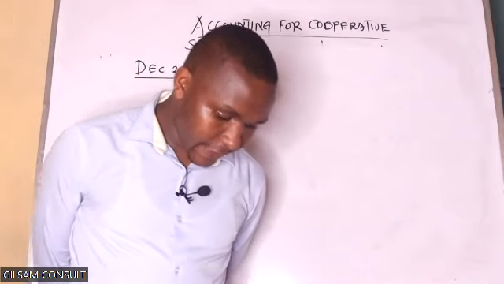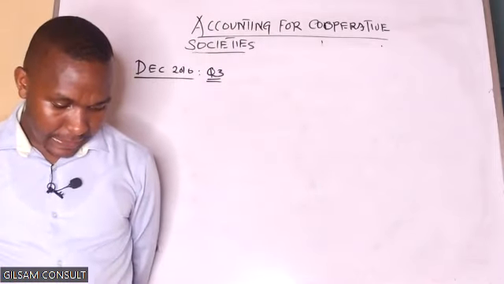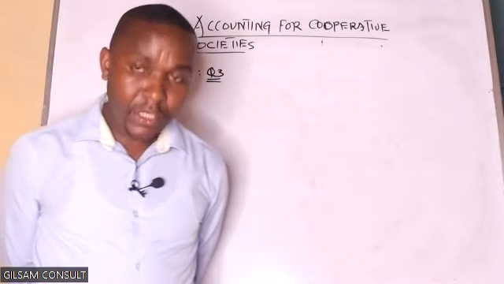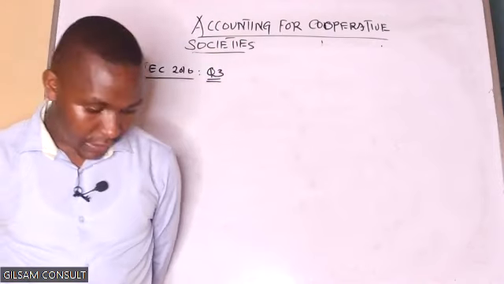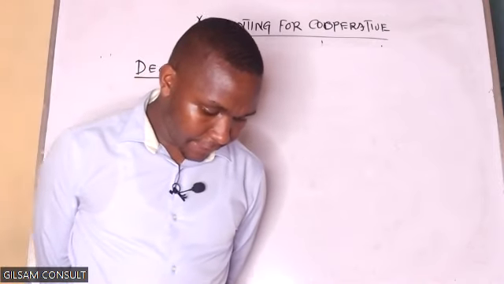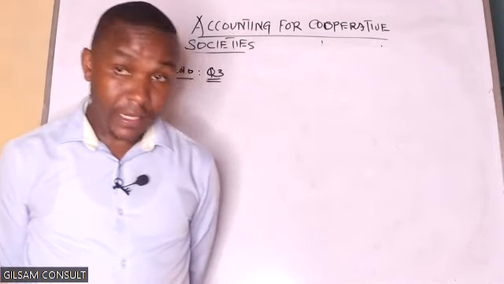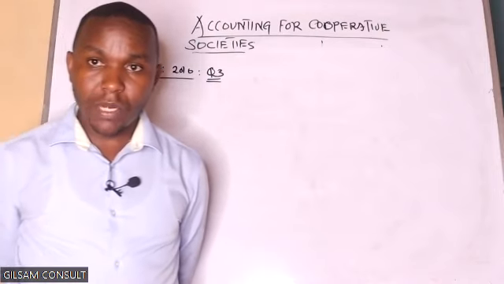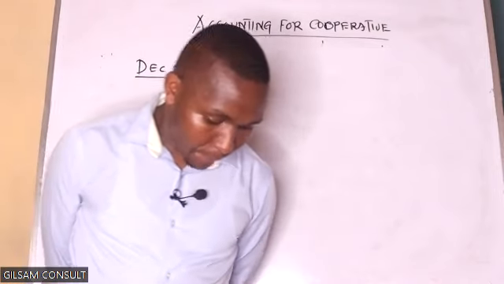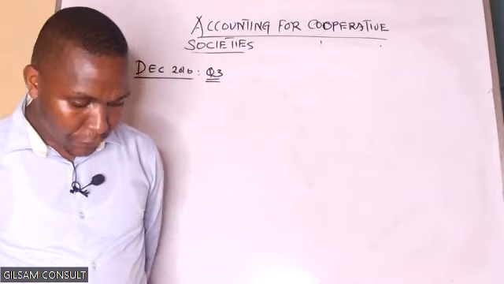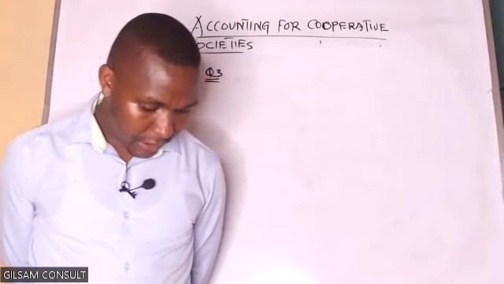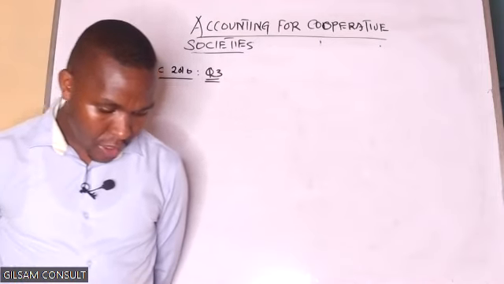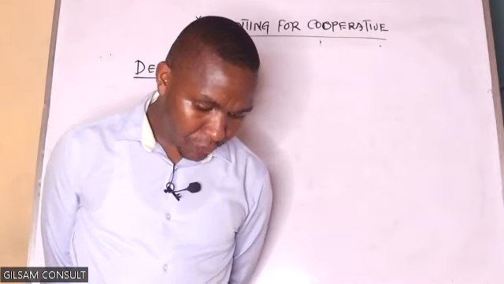Interest on members deposit on credit again, 270,000. Furniture and fitting on debit side, 170,000. Motor vehicle debit, 150,000. Members loans, 250,000 on debit.